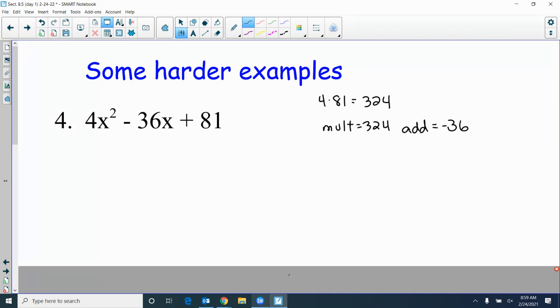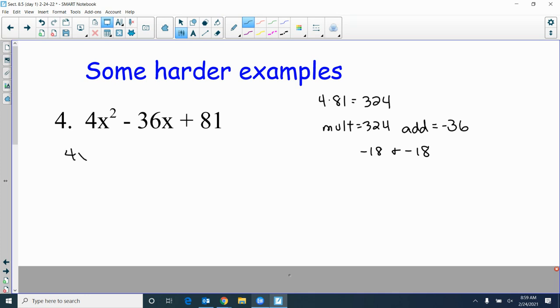Negative 36. Josh says he got it. What do you got? Negative 18 times negative 18. All right, to save some time, we're going to go with what Josh said. He's correct. Negative 18 and negative 18. Problem is these can be harder because you got bigger numbers.